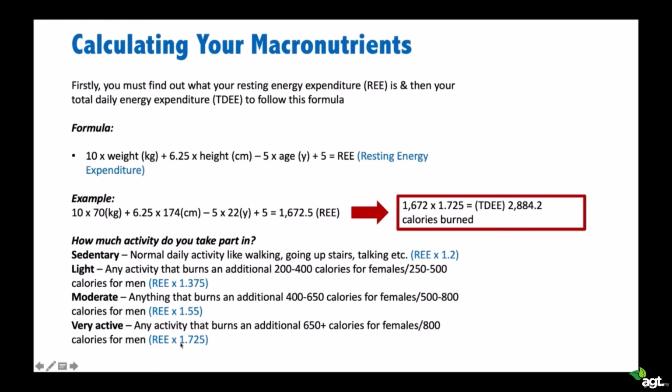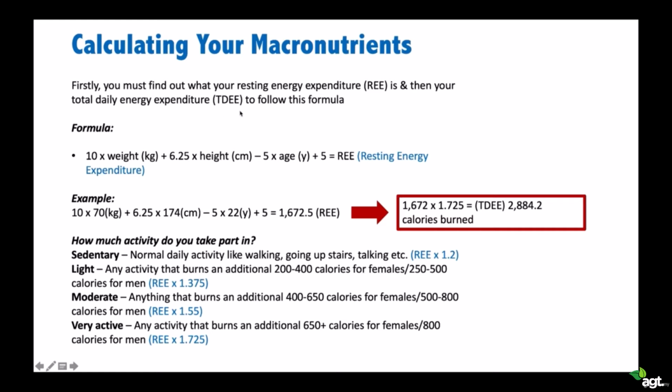So he has to multiply his REE, which is how many calories he burns without exercise, by 1.725.